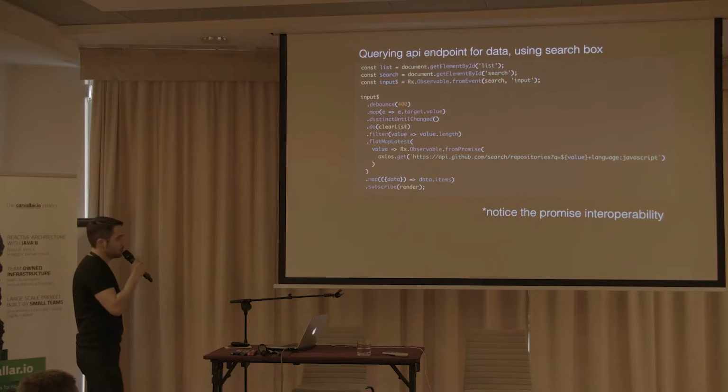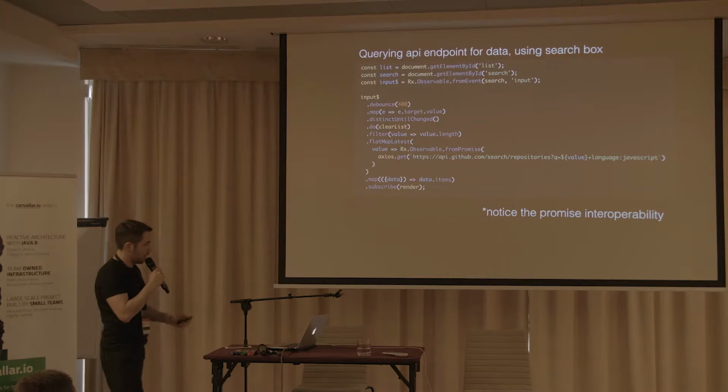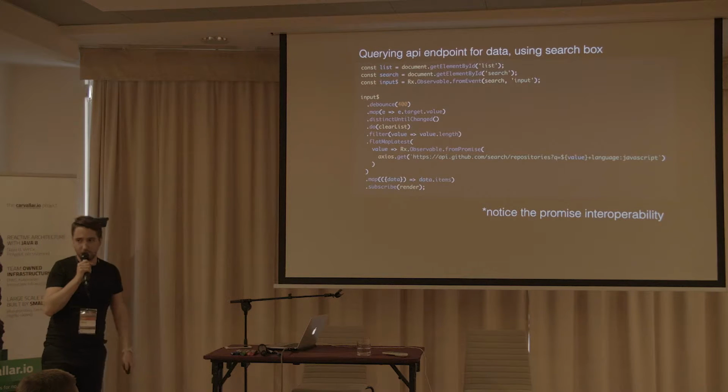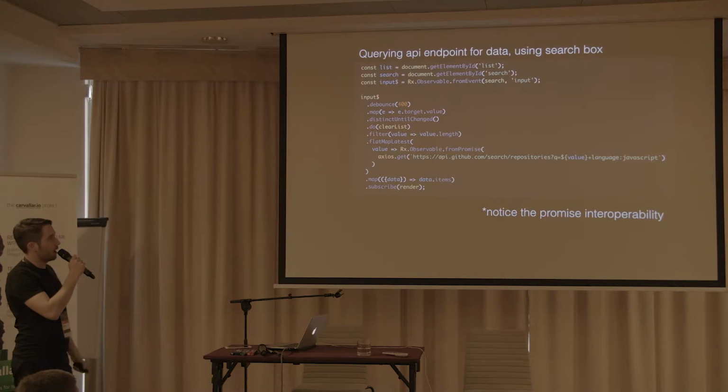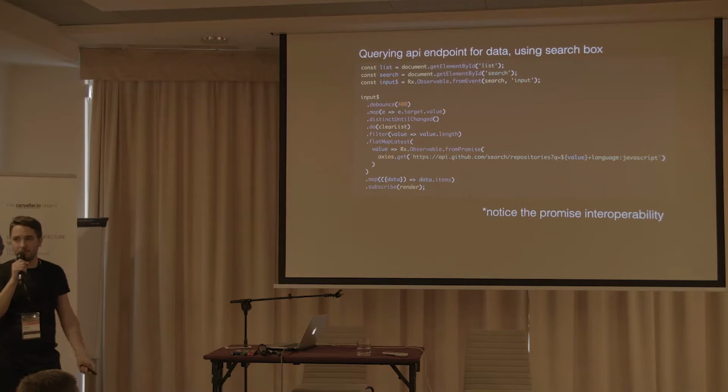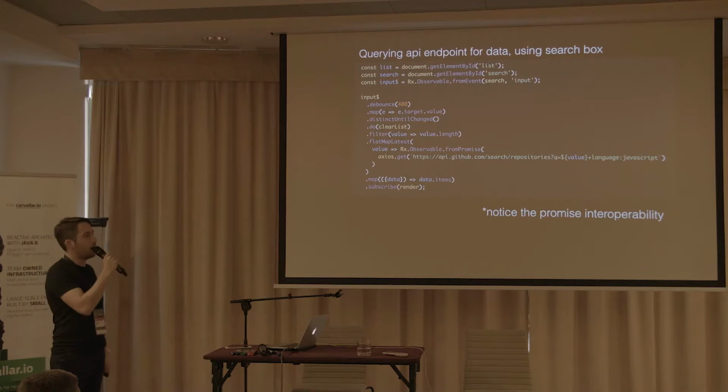So what I wanted to show you here is, again, the stream-based implementation. It uses quite a handful of RxJS operators. The first problem we want to solve is not sending a request on every keystroke. We want to debounce the user keystrokes.